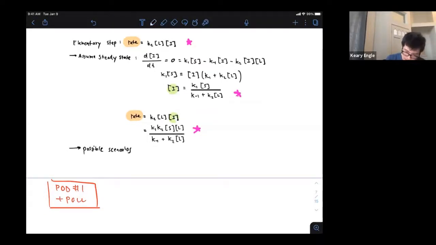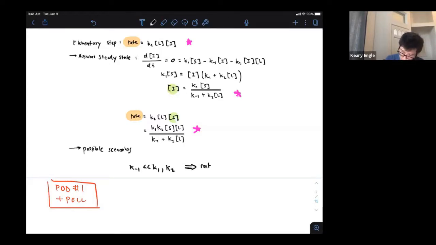And I'll first state them in terms of the math, and then I'll state them in terms of the intuitive chemistry. So let's consider a situation where K1 and K2 are much faster than K-1.